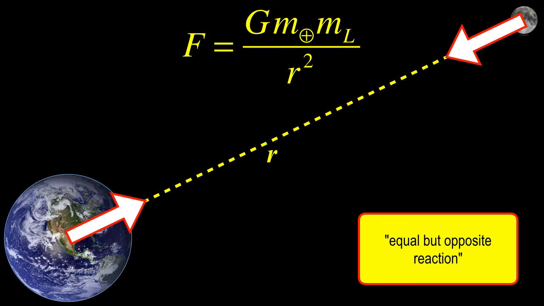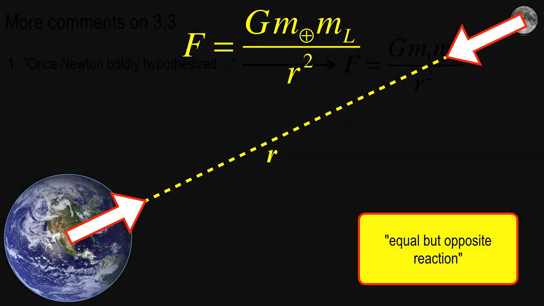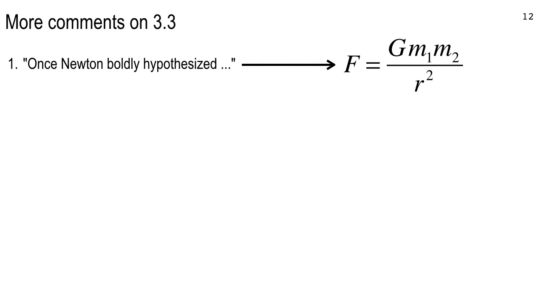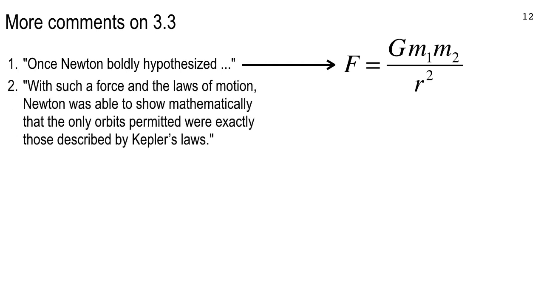And it just so happens that once he boldly hypothesized this force law, everything else fell into place. All right? And here's another quote from chapter 3:3. I really like that chapter.